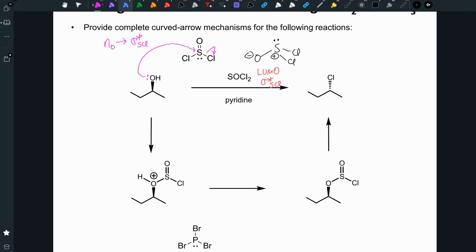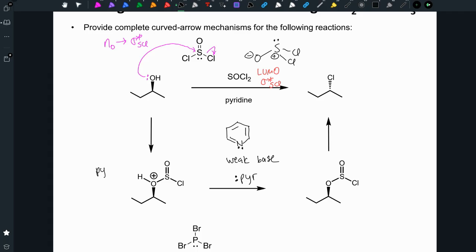This reaction is usually run with pyridine, and the reason it's run with pyridine is that it's a weakly basic, non-nucleophilic solvent. So its role in this reaction is as a weak base. A lot of times we abbreviate it as just PYR with a lone pair, just to make our lives easier so we don't have to draw it out.